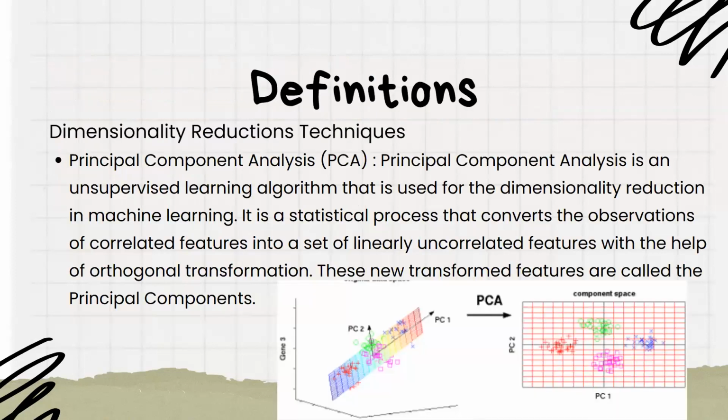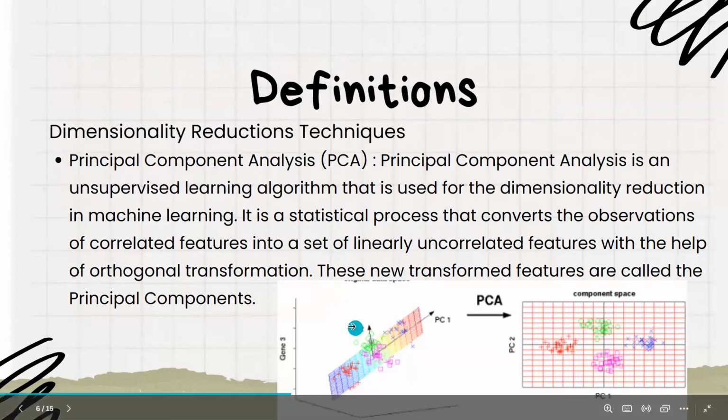The first definitions are the dimensionality reduction techniques, the first being principal component analysis. Basically, principal component analysis is a dimensionality reduction technique that separates the data into its normal axes and gives us a 2D space of its normal form.